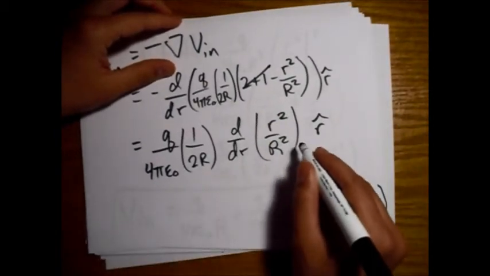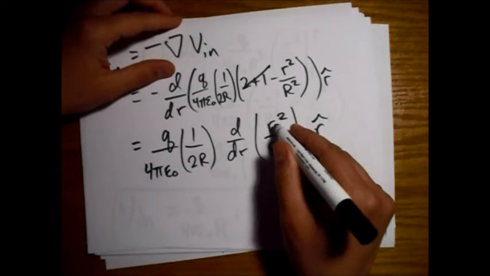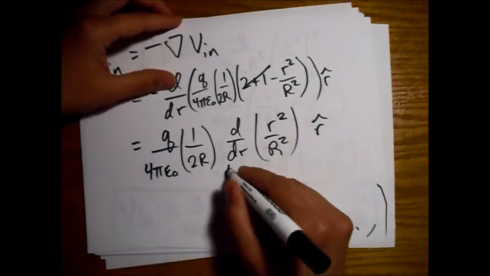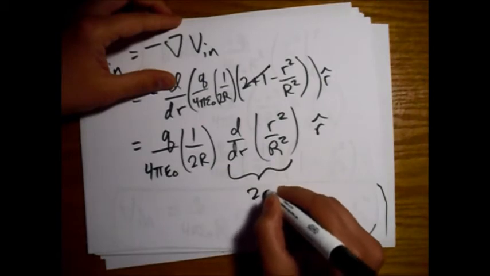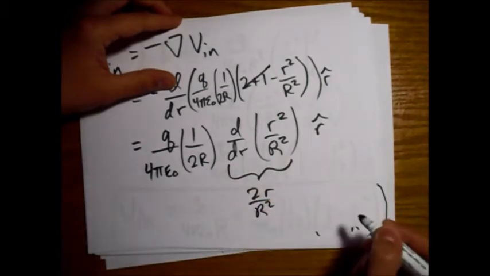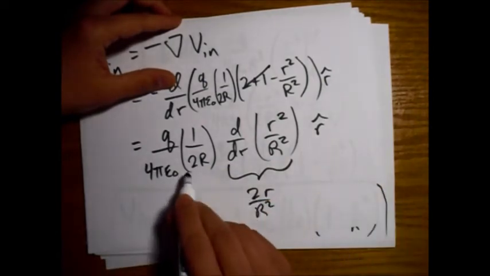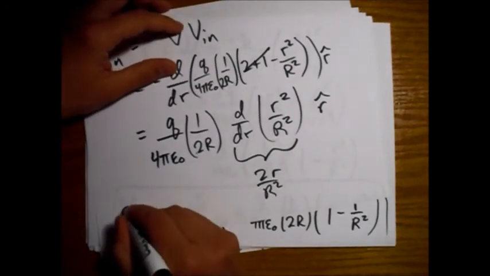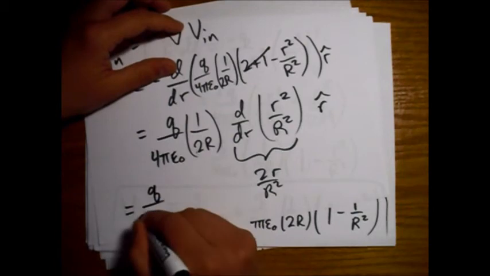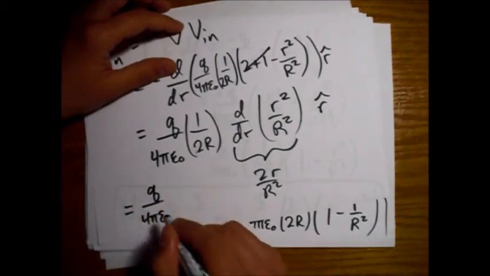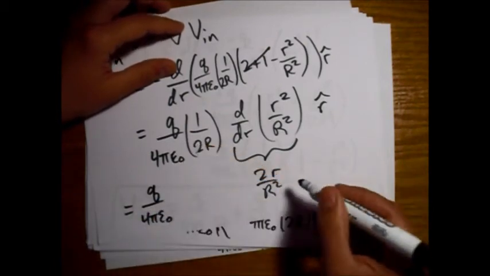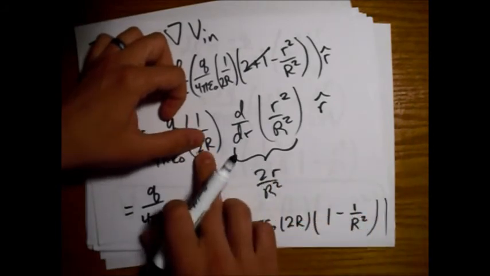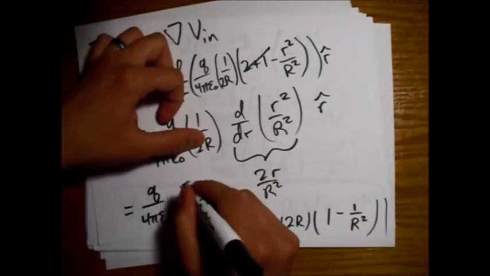All right. So we take this derivative. We'll just get a 2r on top, and a big R squared on the bottom. And this 2 and that 2 are going to cancel. And we'll just be left with Q over 4 pi epsilon naught. We're just going to bring this r in with this r, and we have the little r on top.